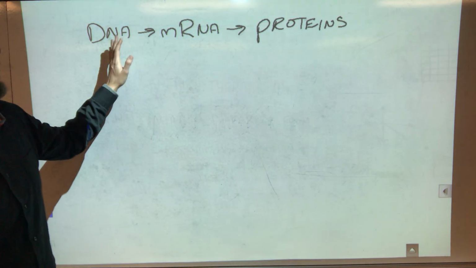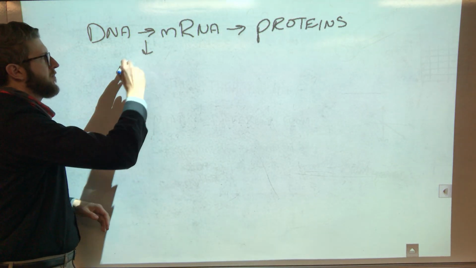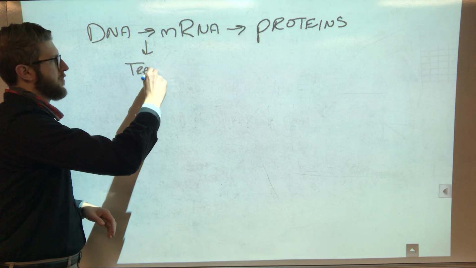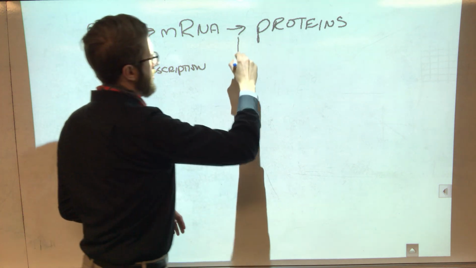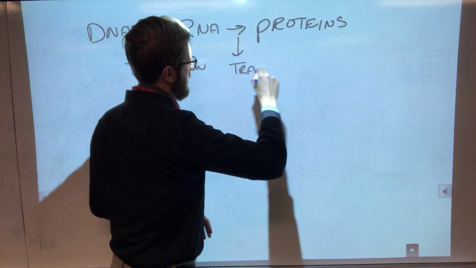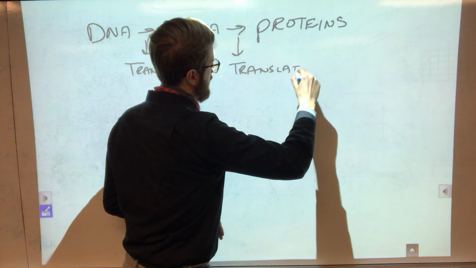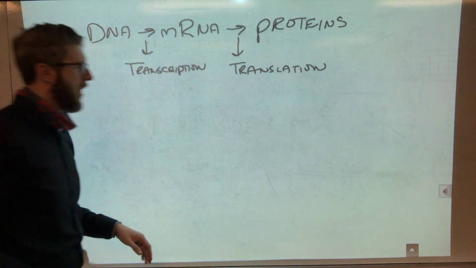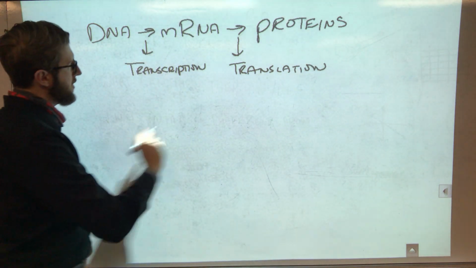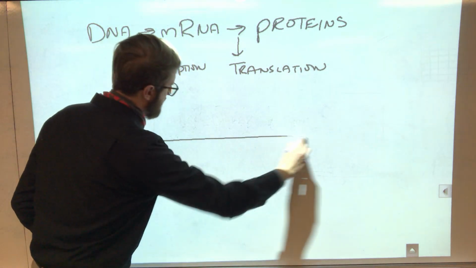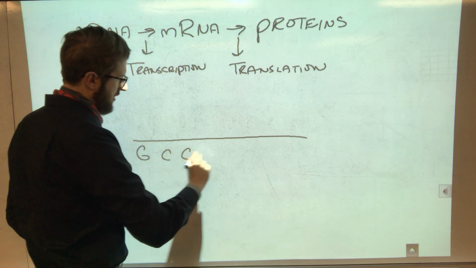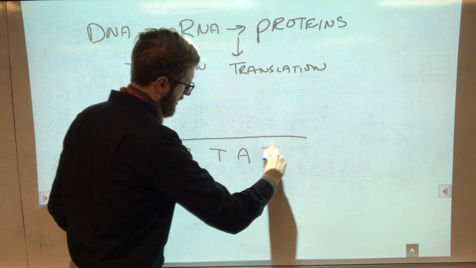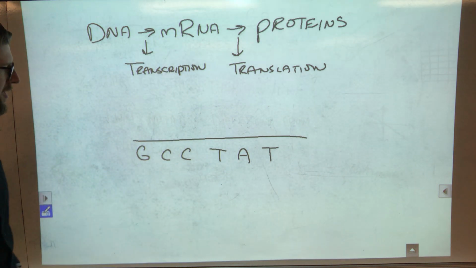Again, transcription, translation. What happens is that you have this strand of DNA, like G, C, C, T, A, T. We're just going to make something up.